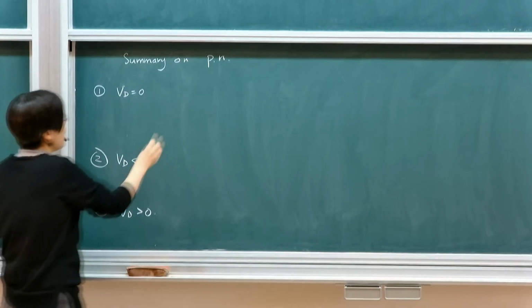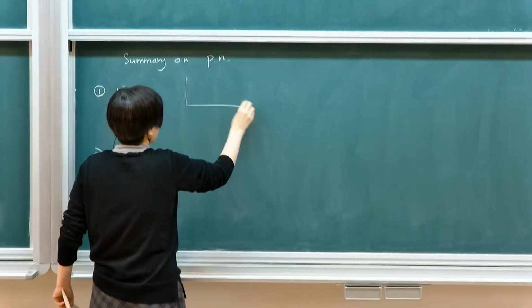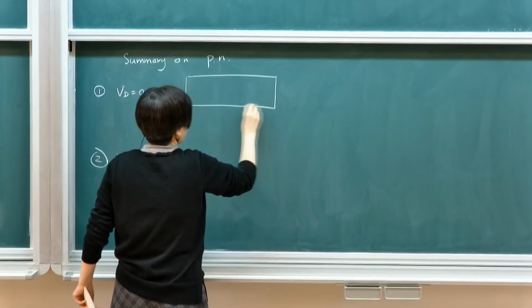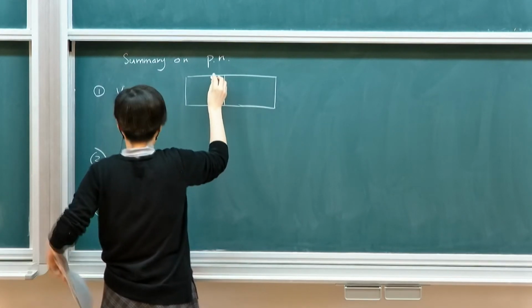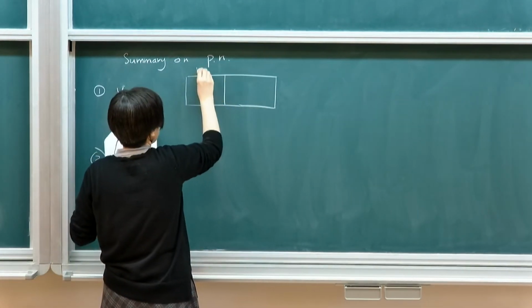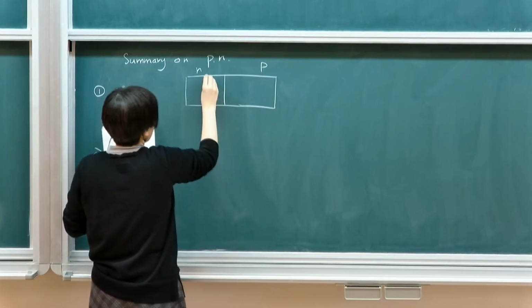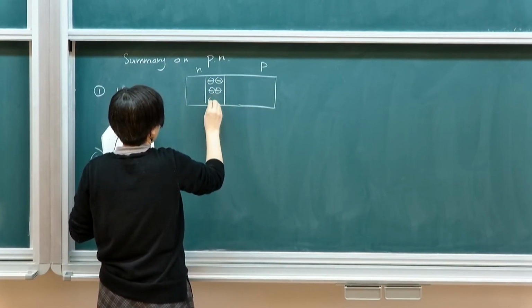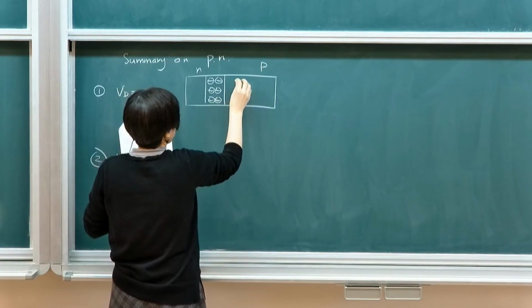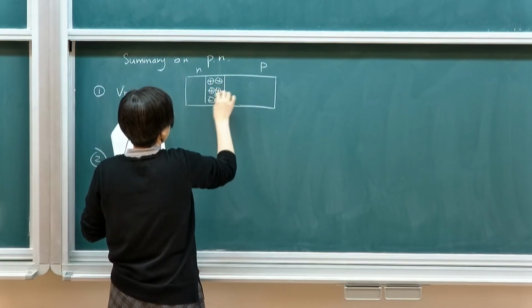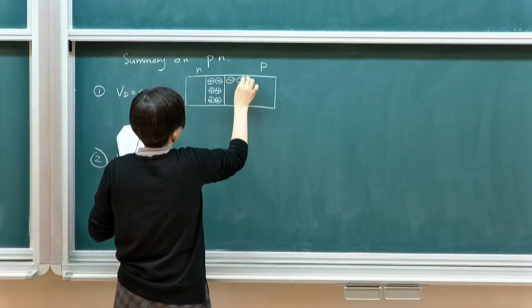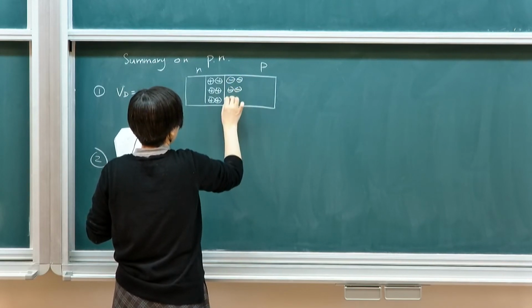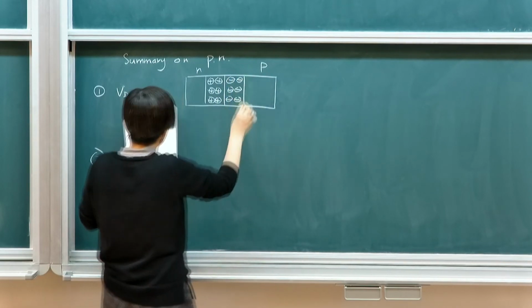If you look at the device, it will look something like this. You would have the typical depletion region, N side, P side. Let me just draw 2 layers, and there is a typical depletion region.